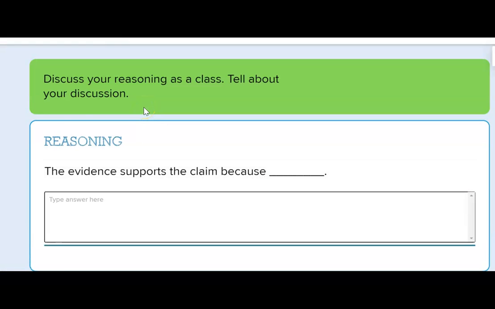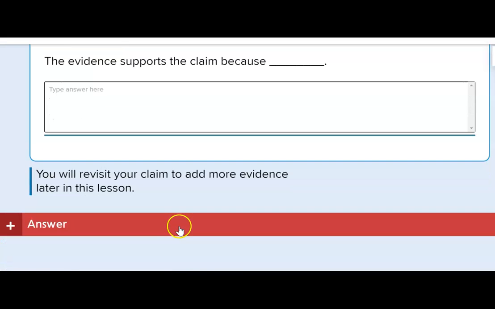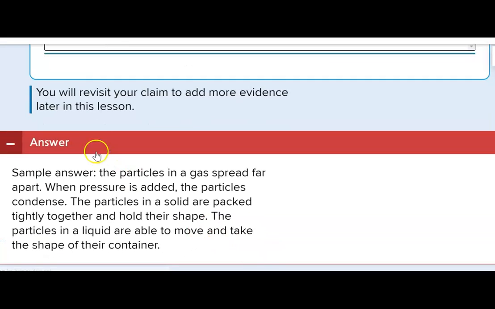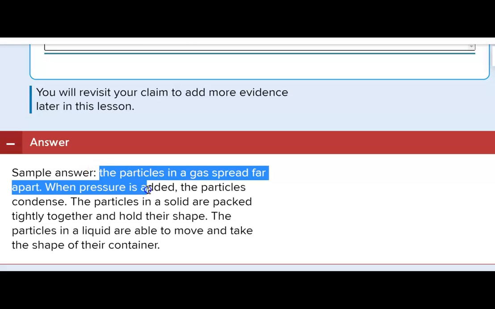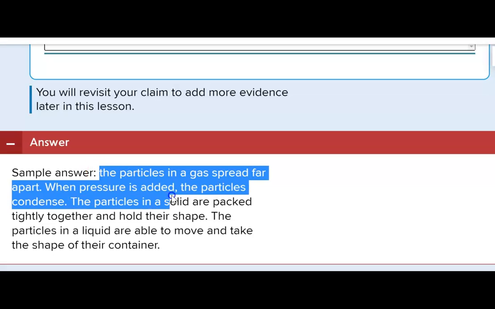Next, the reasoning now. Discuss your reasoning as a class. Of course, when we're inside the classroom, we will have this group discussion inside the class. But since we are not in the classroom right now, I will explain it for you. So the evidence supports the claim because the particles in the gas spread far apart when pressure is added.